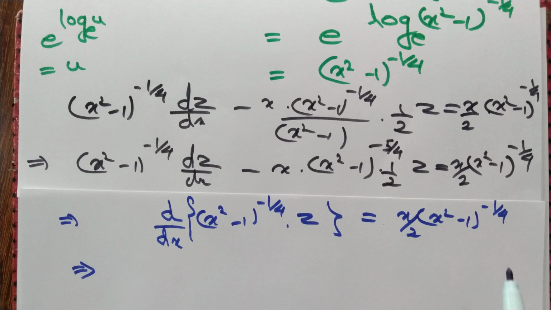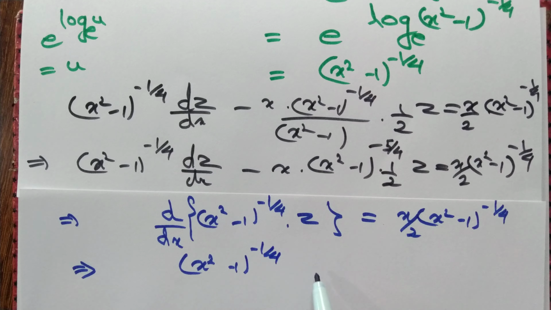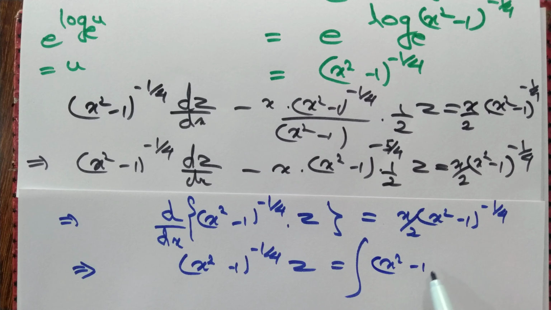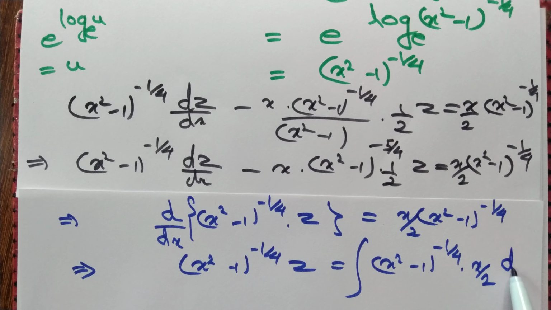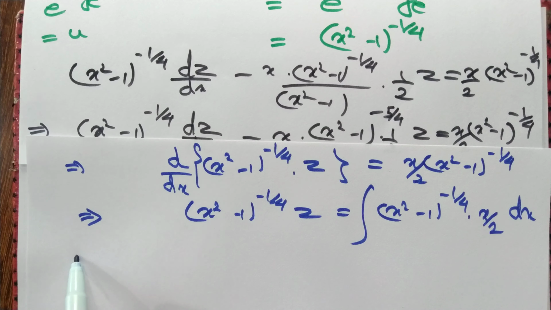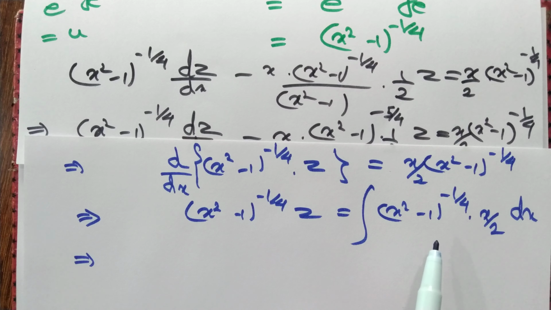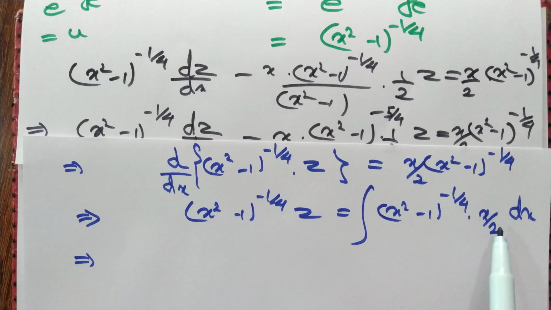Now how about the right hand side? Now you see that we got a derivative, and the opposite of derivative is integration. So once we integrate it, then we can write it as integral of x square minus 1 to the power minus 1/4 times x by 2 dx. Now we know that the derivative of x square minus 1 is 2x.